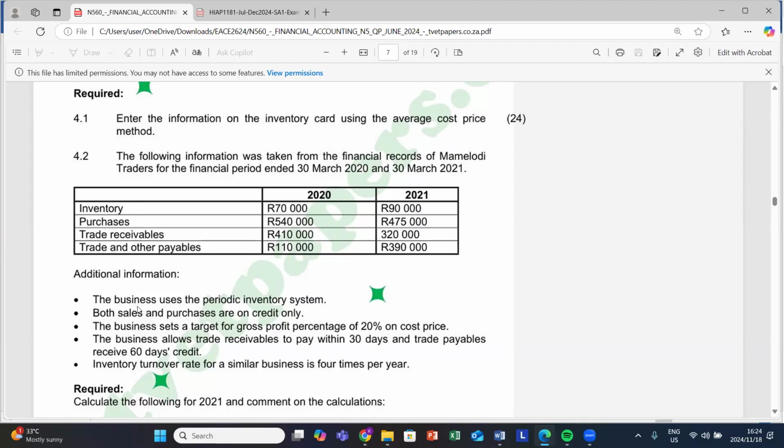The first bullet says the business uses the periodic inventory system. The second one says that both sales and purchases are on credit only. So 100% of our purchases are on credit, meaning our purchases of 475,000 rand will be our credit purchases.